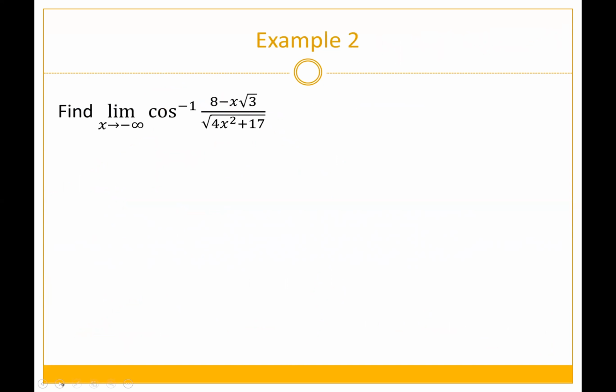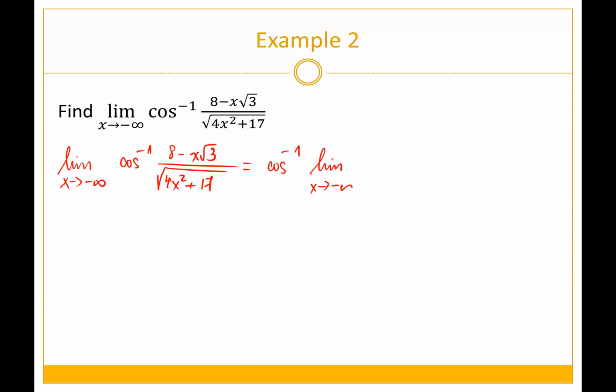So we have the limit as x approaches negative infinity of inverse cosine of (8 minus x) times the square root of 3 divided by 4x squared plus 17. This is going to equal inverse cosine of this limit, so we'll take the limit inside.